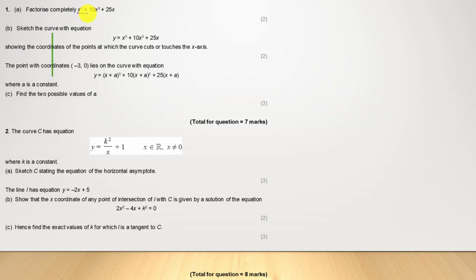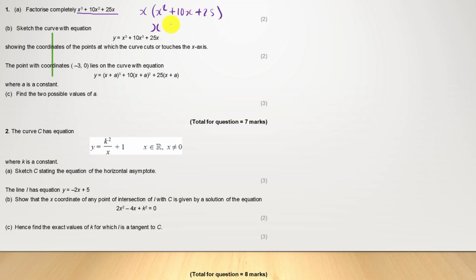It says we need to factorise this completely. Now we can use our chapter 7 skills and use the factor theorem, but you have to look and see there's an x in all these terms, so we can take x out. It's going to be x squared plus 10x plus 25.